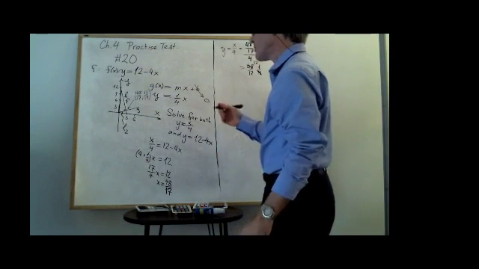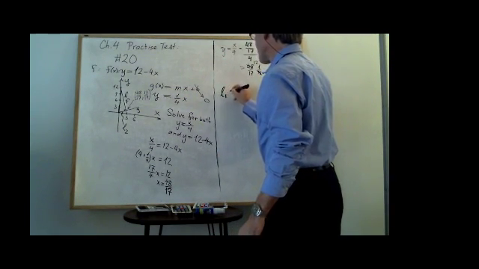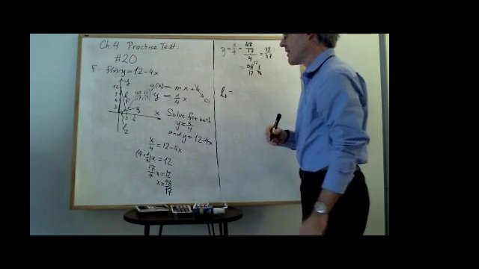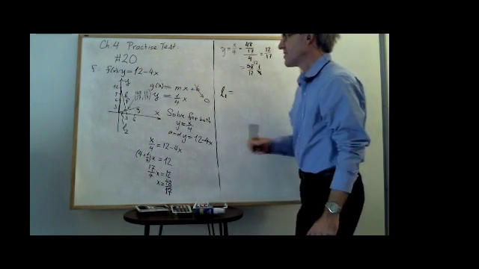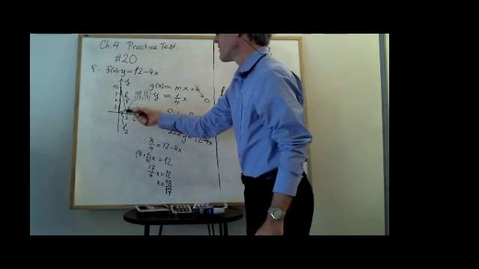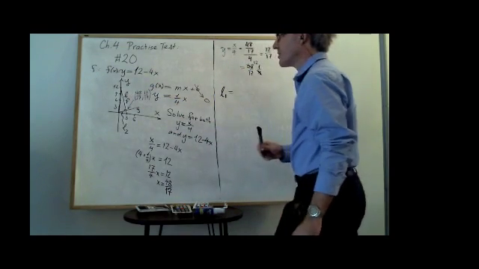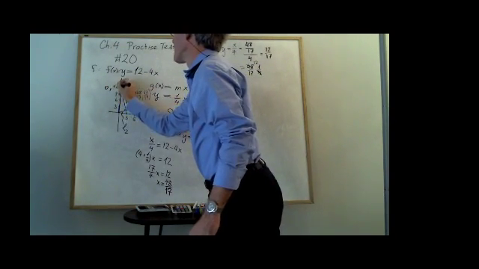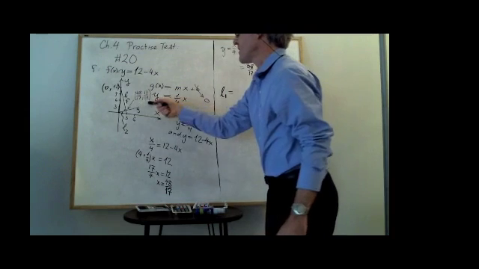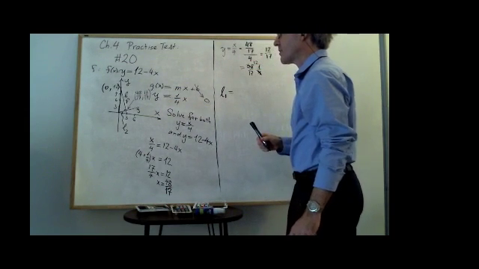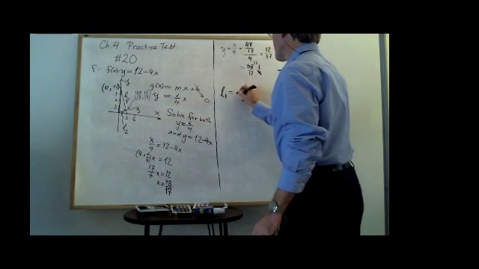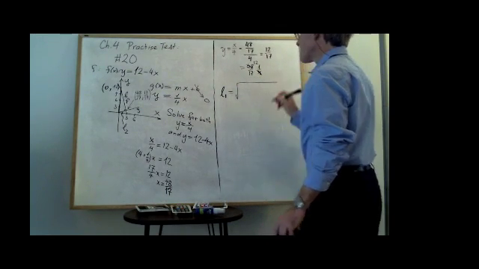Now let's find L1. L1 is the distance between this point 0, 12, and this point 48 over 17, 12 over 17.